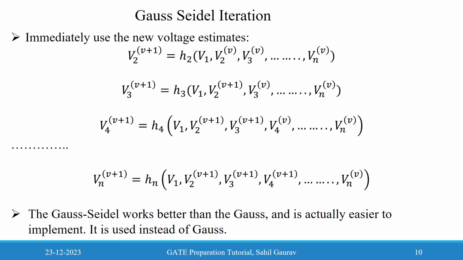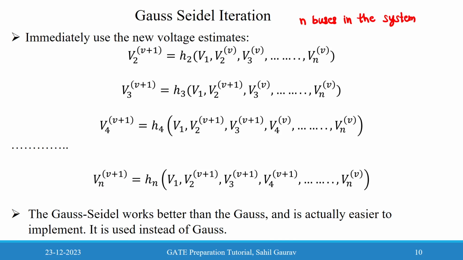Now here, suppose we have n buses in the system, and the first bus is considered the slack bus.